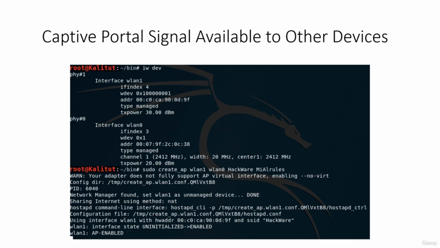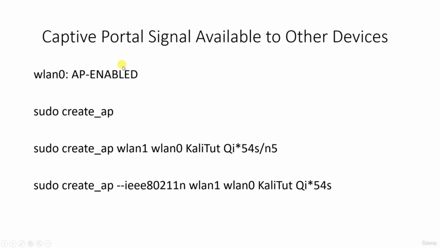After that, if a string appears like Wi-Fi wlan1 or 0 AP enabled, then everything went well. The command above creates an AP, the connection to which is not password protected. If you want to create a password protected AP, then use a command like this.